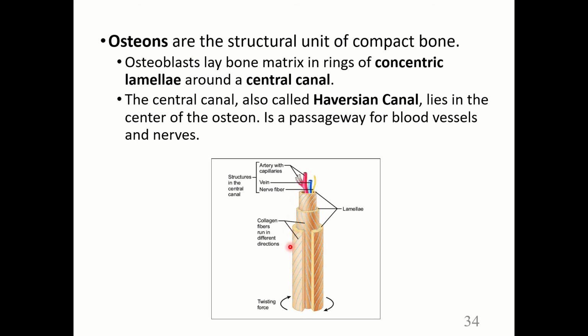Collagen fibers are part of the osteoid, and recall that the osteoid is laid down first, and then the hydroxyapatite crystals are laid on top of the osteoid. Thus, the osteon is going to contain both osteoid and hydroxyapatite crystals. This allows for a very strong structure that will resist twisting, bending, and compression.